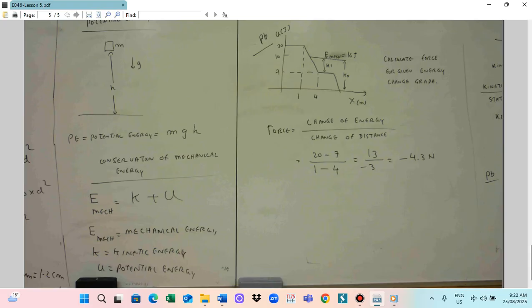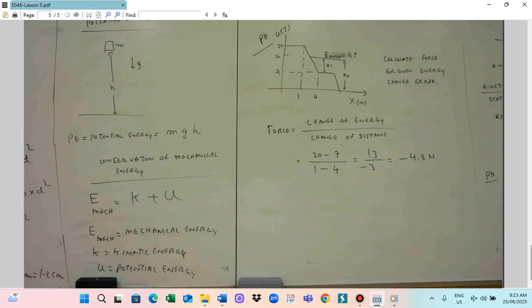So the mechanical energy is equal to the kinetic energy plus the potential energy.